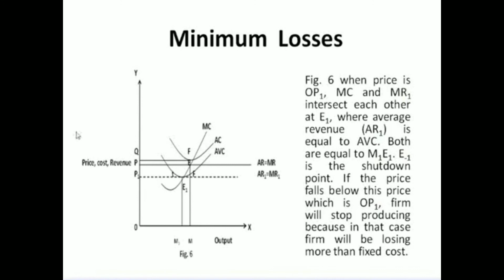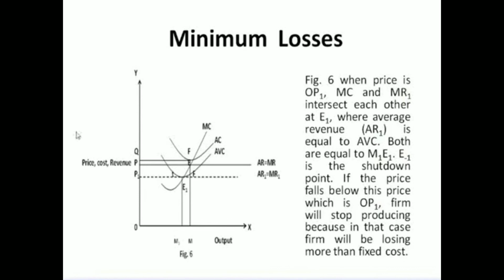Here AR is equal to AVC. The firm is just able to cover AVC. This point E1 is known as the shutdown point. E1 is the equilibrium point of the firm because at this point MC is equal to MR. It is also the shutdown point, because AR is equal to AVC.